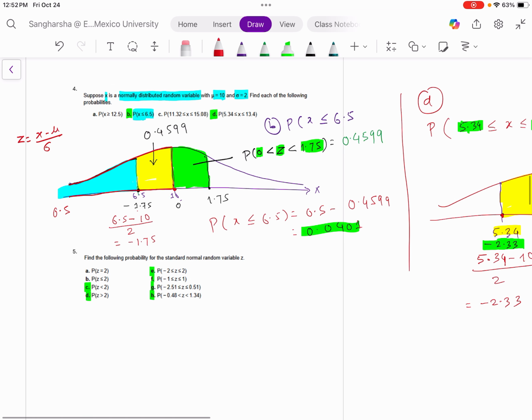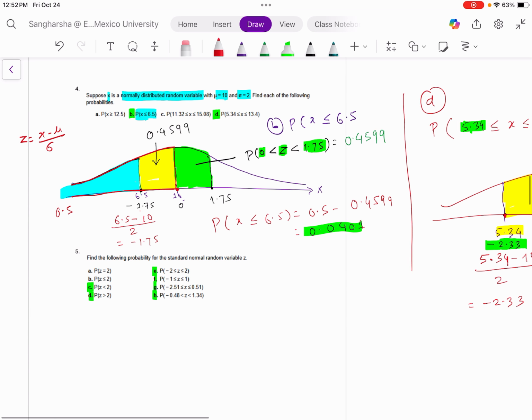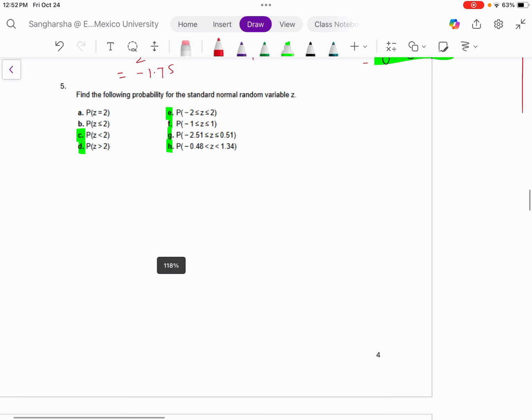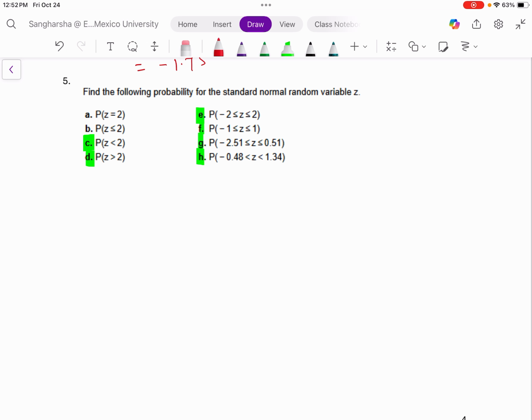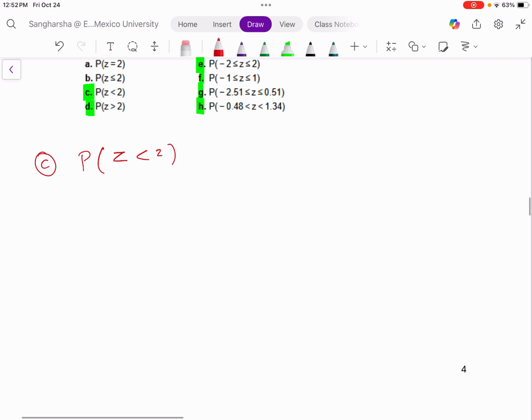Okay, now the next one, number 5. Here we already have a standard normal random variable, so we use the G table and find the probability. For part C, we want to find the probability that our G is less than 2. You start by drawing a bell shape.